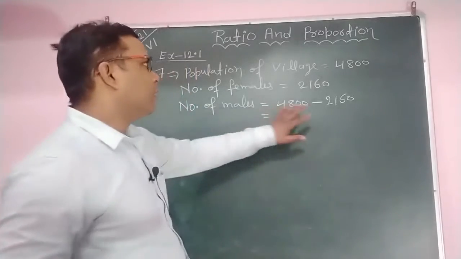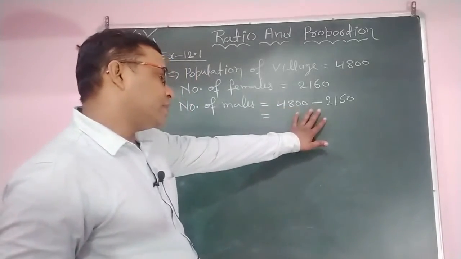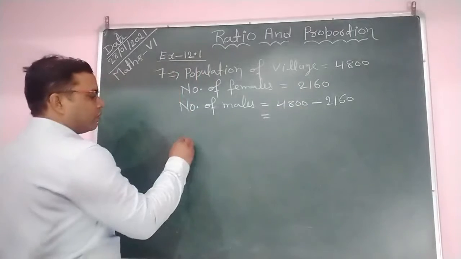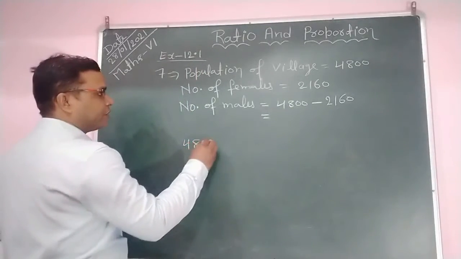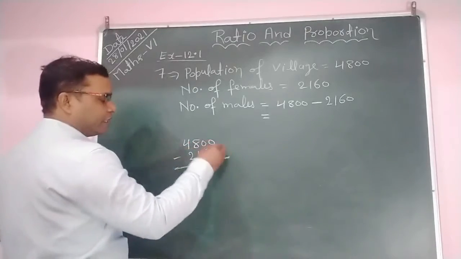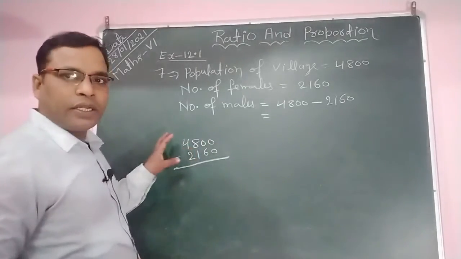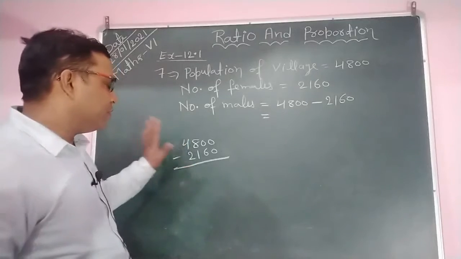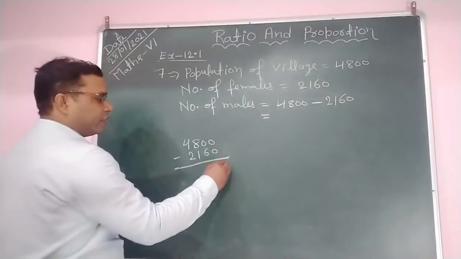If you face any difficulty subtracting such numbers, you write it in the vertical method, and you can subtract very easily. 0 minus 0 is 0.